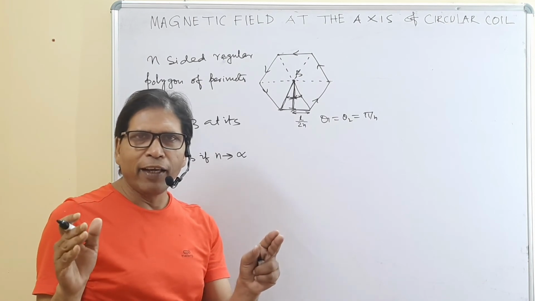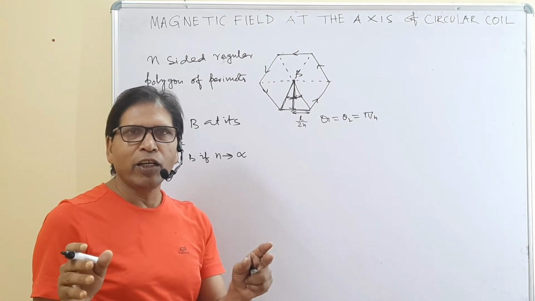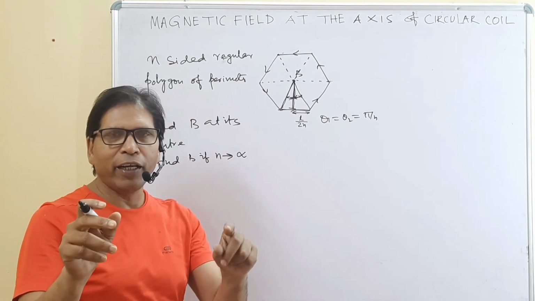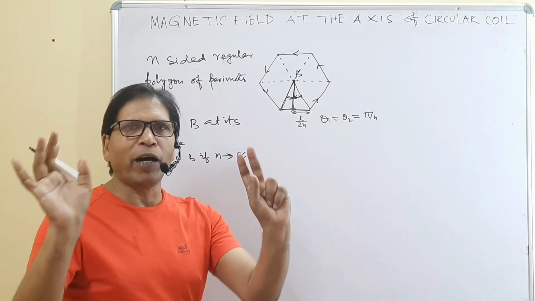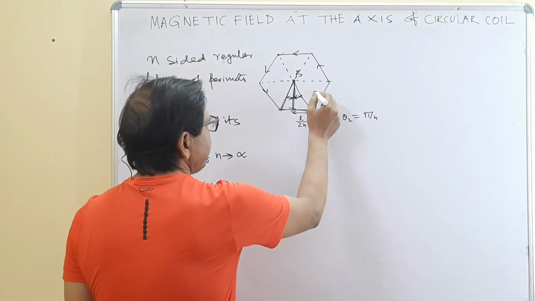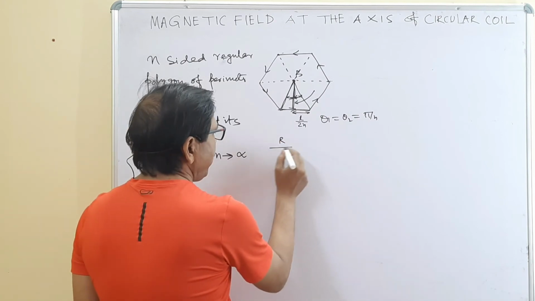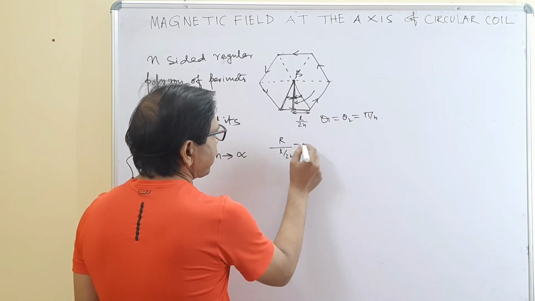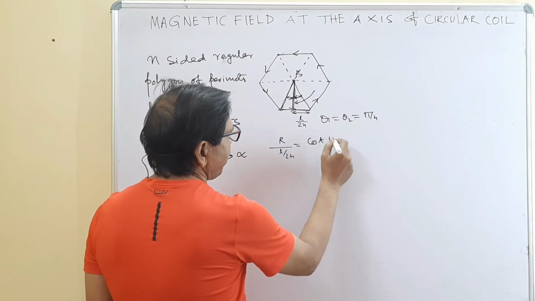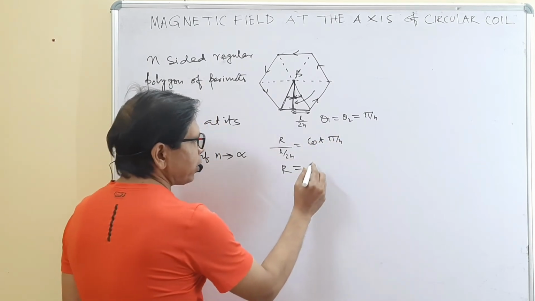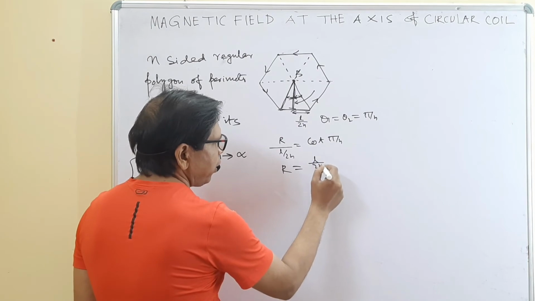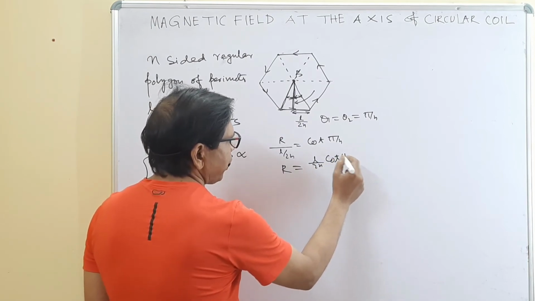Total length is L and the number of sides is n, so each side is L by n and half of it is L by 2n. So this length, capital R divided by L by 2n, is equal to cot pi by n. So R equals L by 2n into cot pi by n.